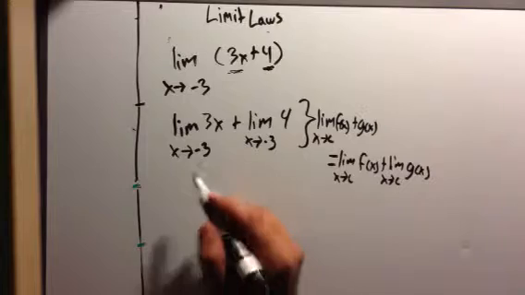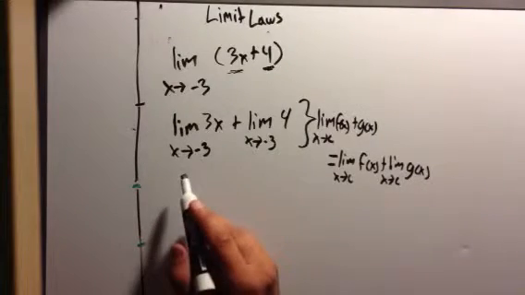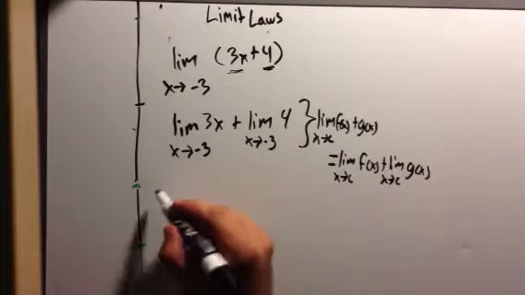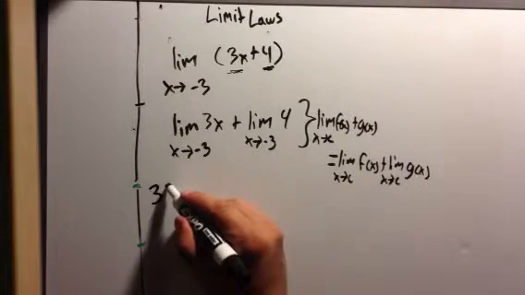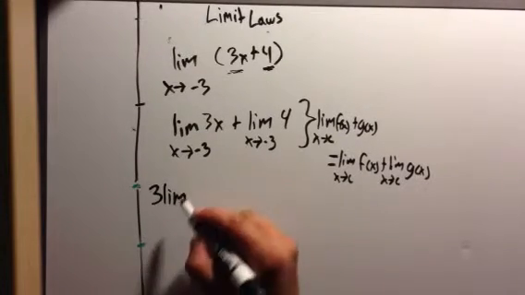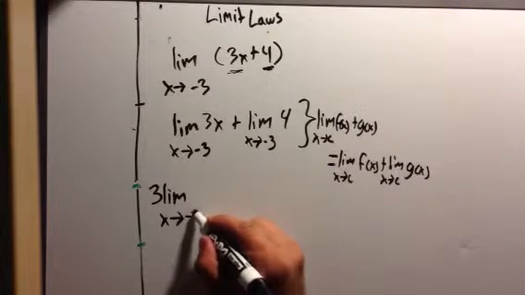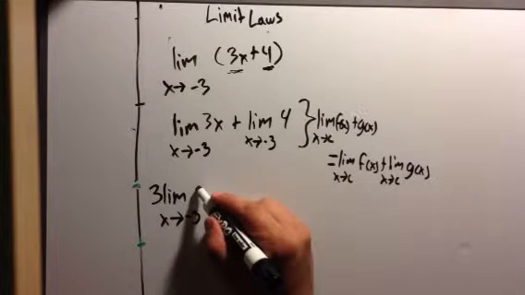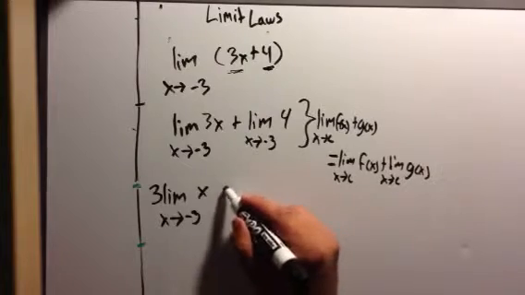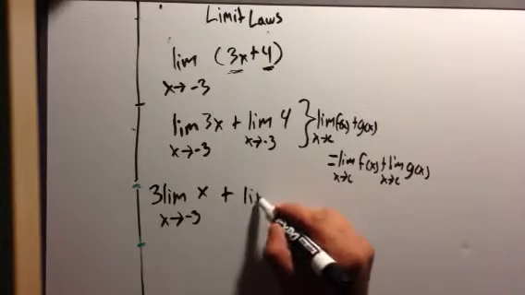So that's what we did right there. But now we can use a different equation to break this up, because remember, we could bring the 3 out at front and evaluate the limit of the function itself. And we'll just rewrite that.